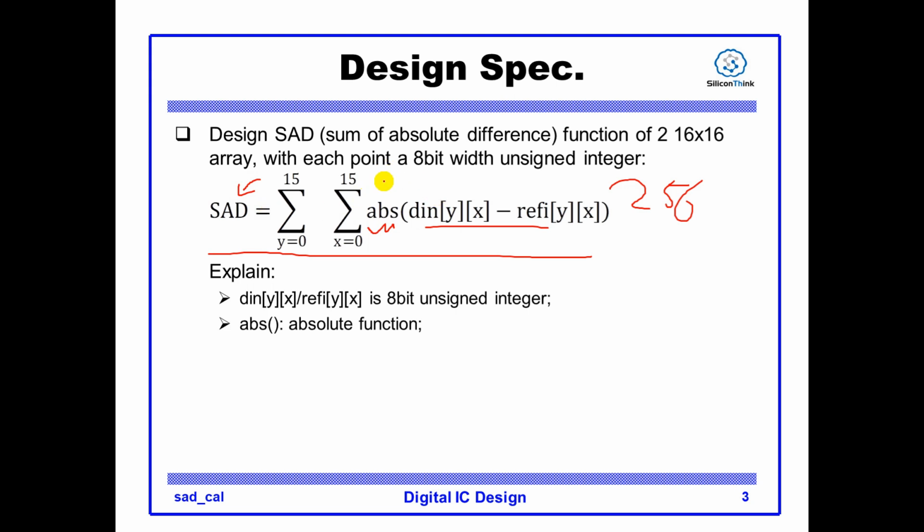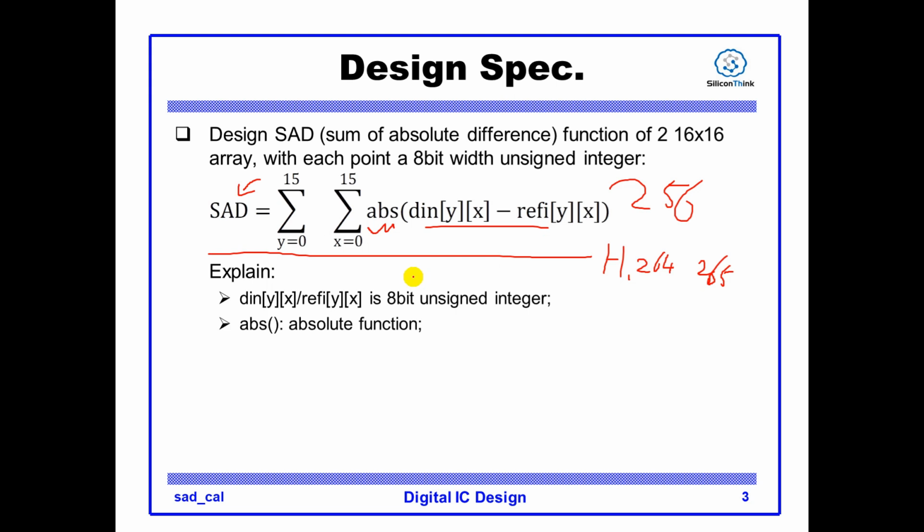This is a useful function. This is a piece of operation in video encoders, such as the H.264 and H.265 video encoders. We usually use this equation to find the best match block.